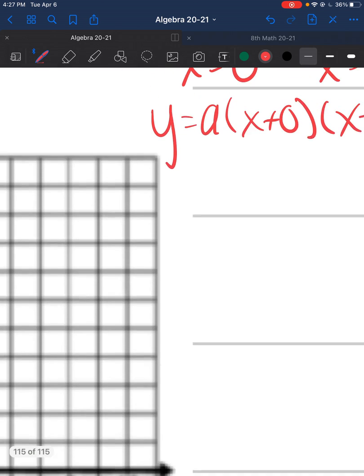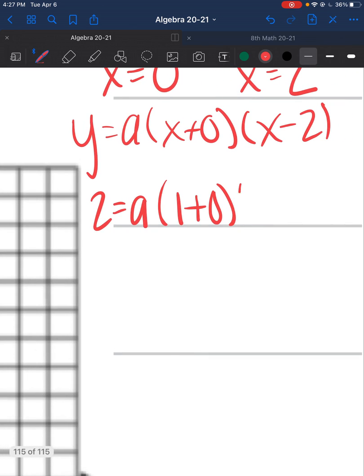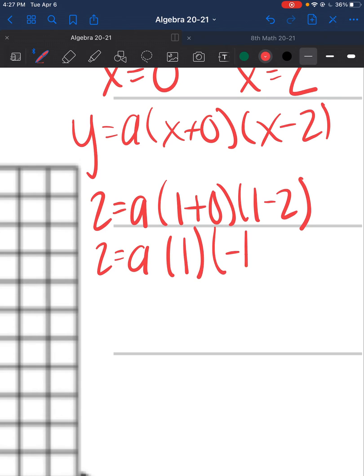So everywhere there's a y, I'm going to put 2 equals a. That's what we're looking for. And everywhere there's an x, I'm going to put 1. 1 plus 0, 1 minus 2. Do what's inside the parentheses first: 1, negative 1. Multiply: 2 equals negative 1a.